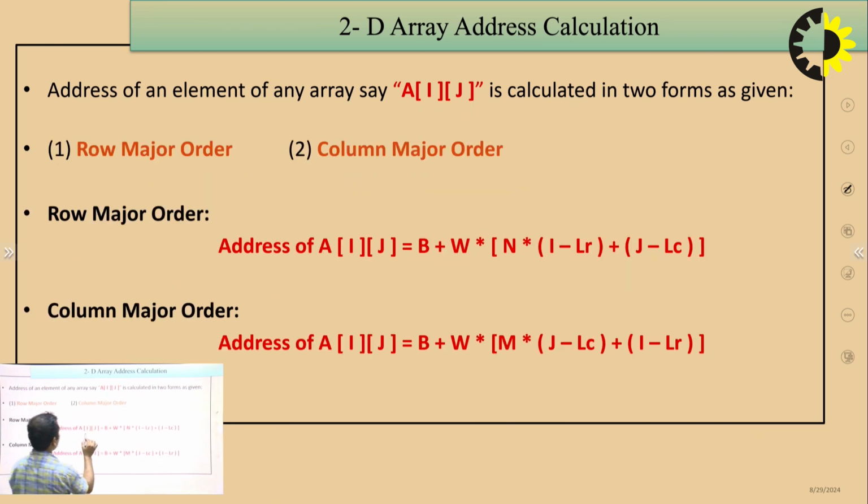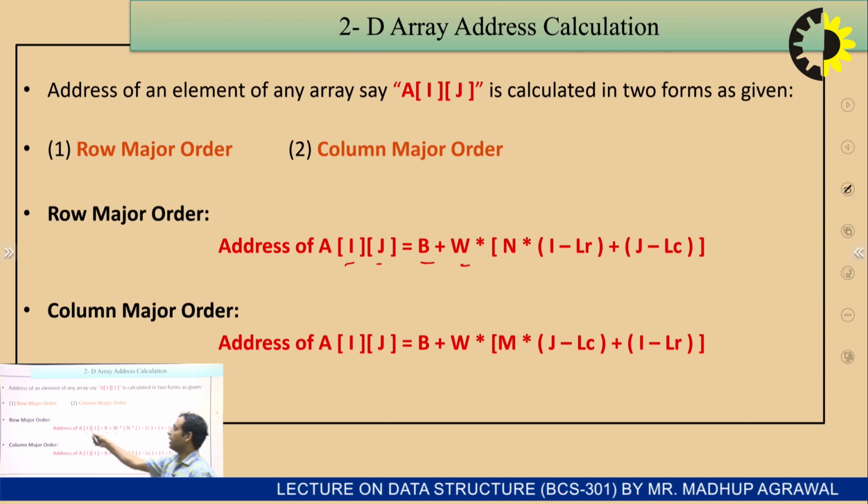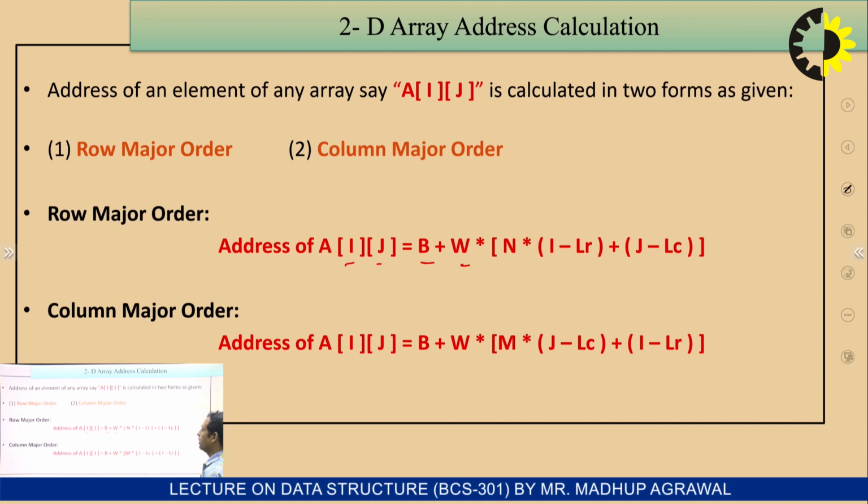Now if you want to calculate the address of the element at ith index of row and jth index of column, this is base address plus w. Now calculate the number of elements before this particular i, jth element. How to calculate? n is the number of elements in each row, and this is i minus LR, the lower limit.